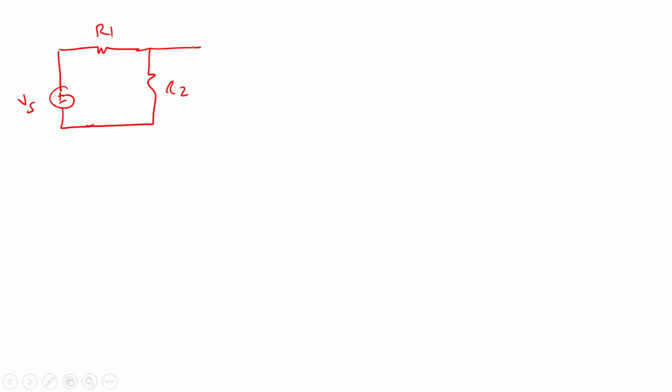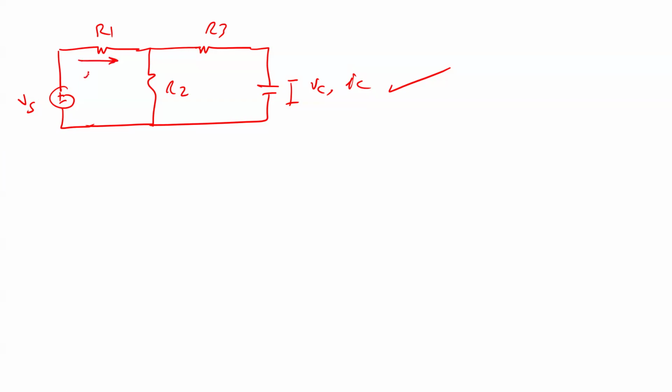I'm going to go back to the original circuit. Here you have R3, and then you have the capacitor. I already know VC and IC. These are nodes. So now I'm asking you, can you calculate IS? And can you calculate, I'm going to call it I2, for example. That's what I'm asking you. Can you calculate IS, I2?